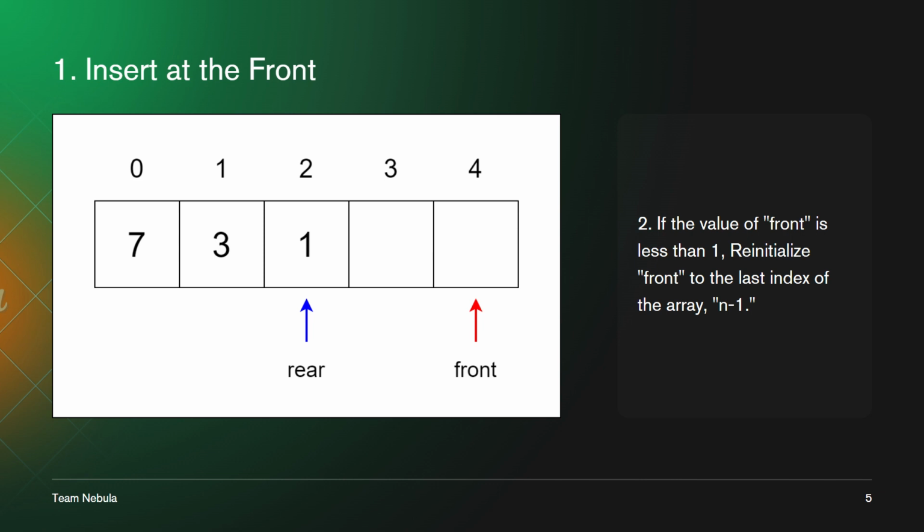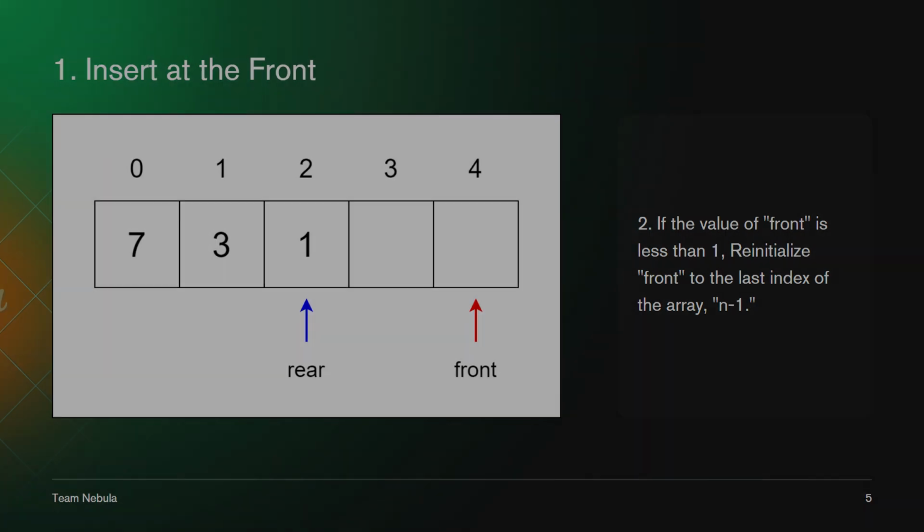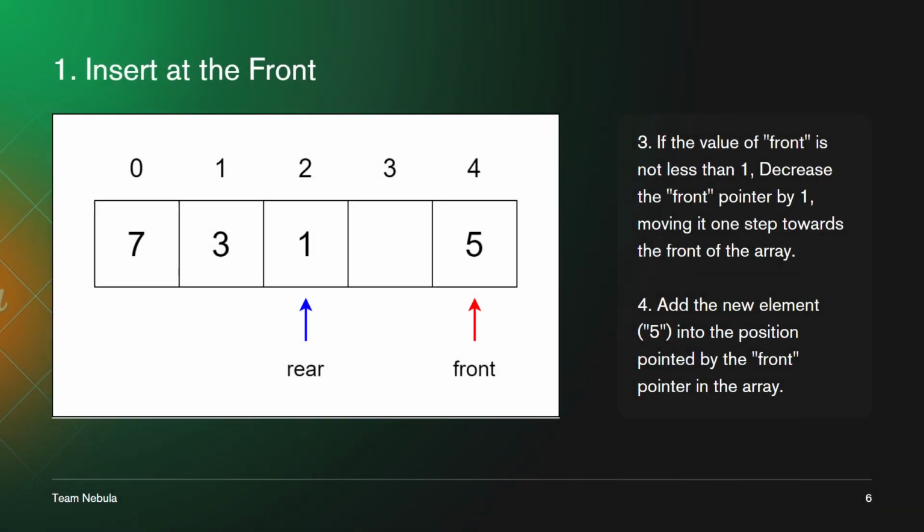In this case, we reinitialize front to the last index of the array, which is n-1. If the value of front is not less than 1, we simply decrease the front pointer by 1, moving it one step towards the front of the array. Finally, we add the new element, let's say it's 5, into the position pointed to by the front pointer in the array.